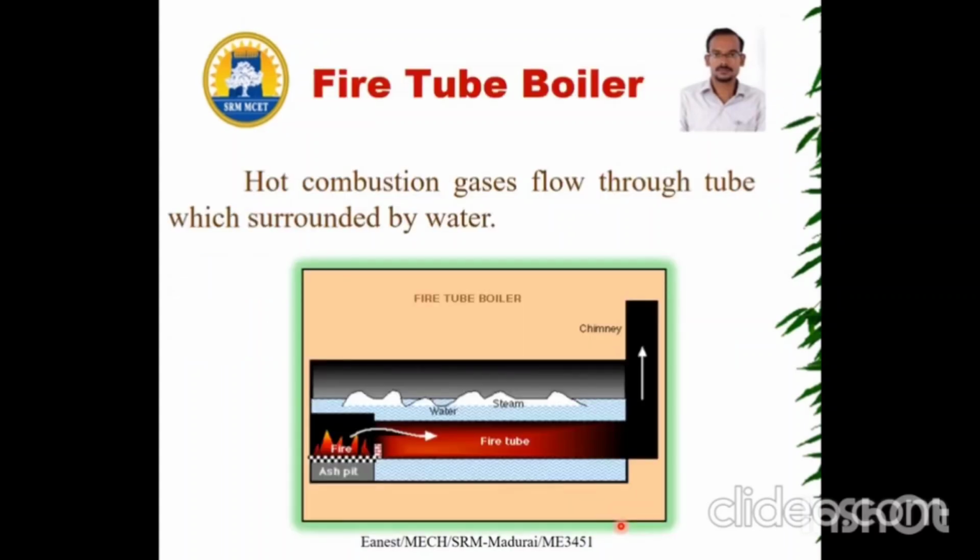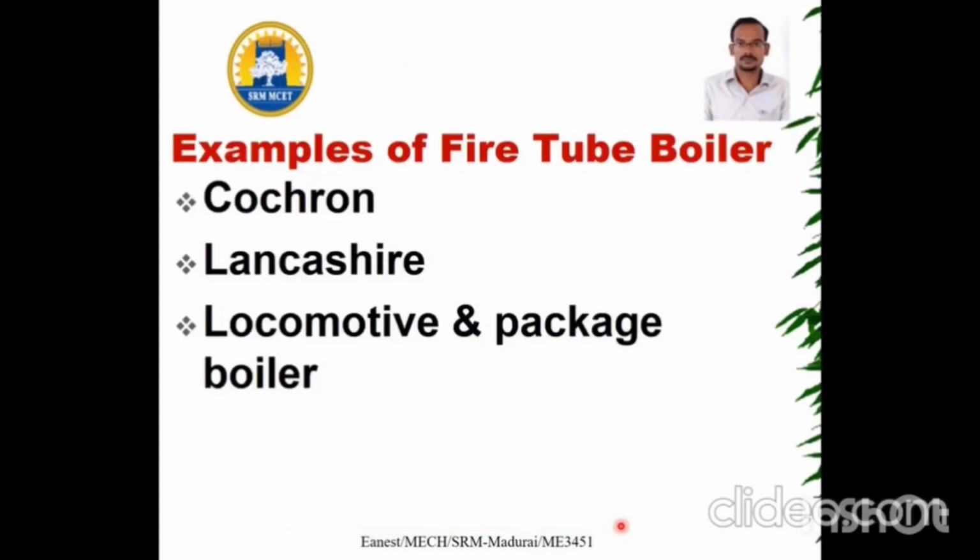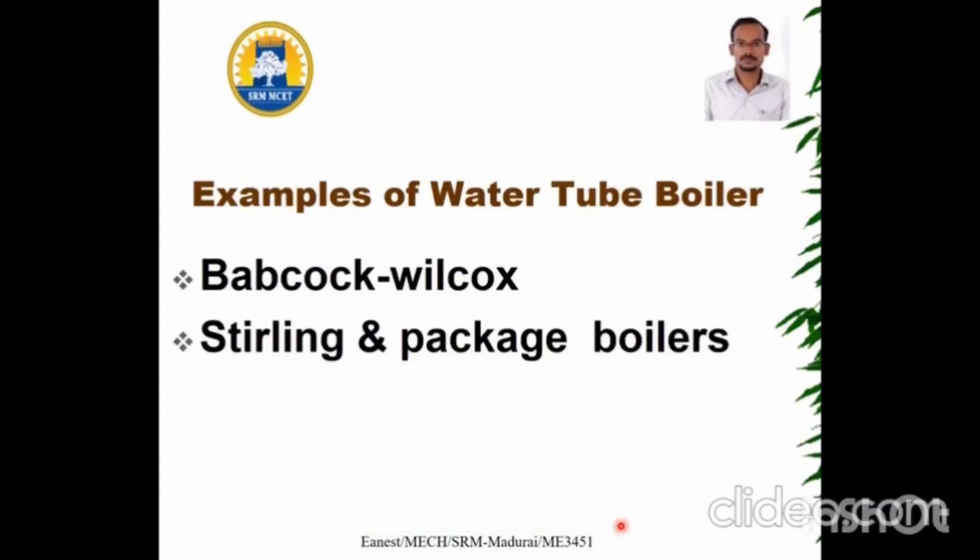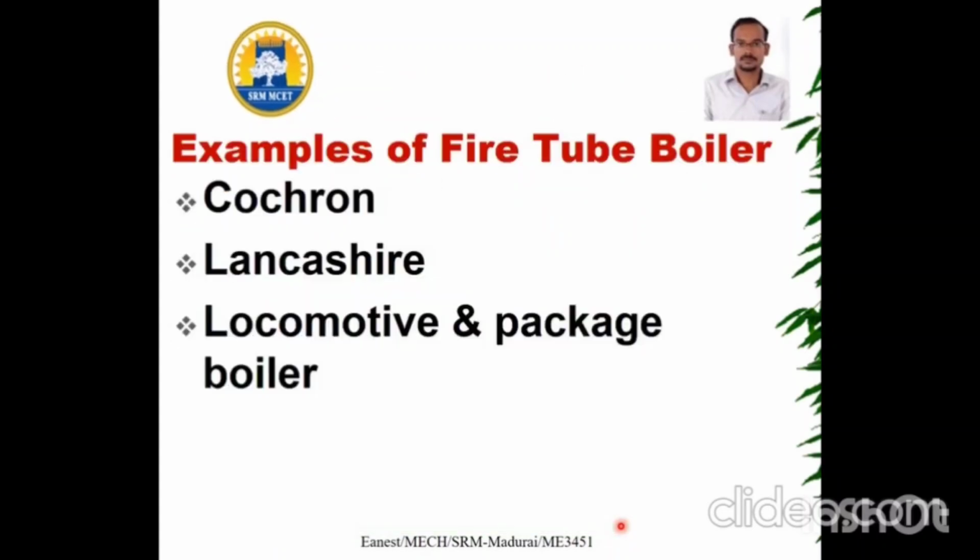Whereas in the fire tube boiler, the hot flue gases flow through the tubes, whereas the water is circulated over the fire tubes, which changes the phase from liquid to vapor. The best example of the fire tube boiler is the Cochran boiler, whereas the best example for the water tube boiler is the Babcock and Wilcox boiler.